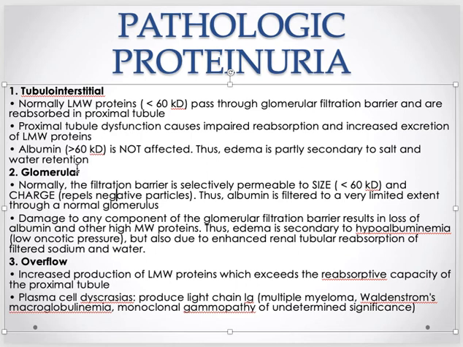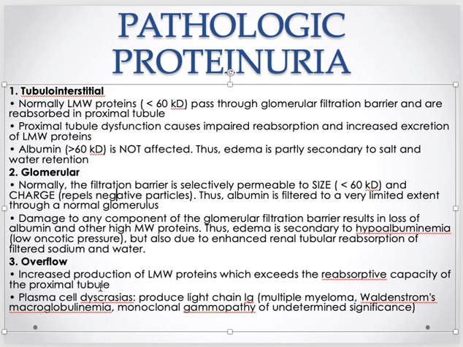In this one, we are going to lose a lot of proteins, and that's why in many of the glomerular conditions, the patients develop edema. Why? Due to hypoalbuminemia, decreased albumin in the blood. And then there is the overflow type.